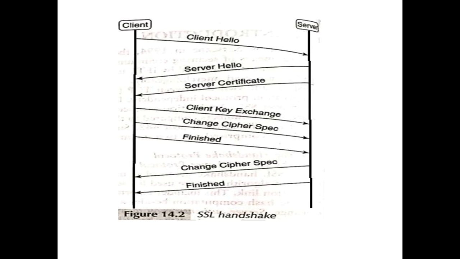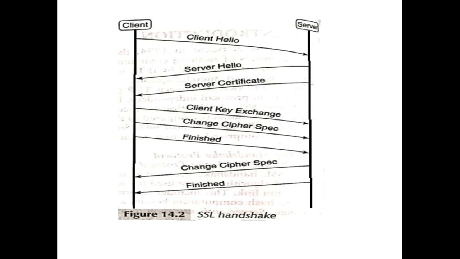Now if you see, there are different types of messages exchanged between the client and a server. First one is client hello, then the server sends the server hello message, then the server sends a certificate, then the client prepares 3 messages called client key exchange, change cipher specification, and finished.